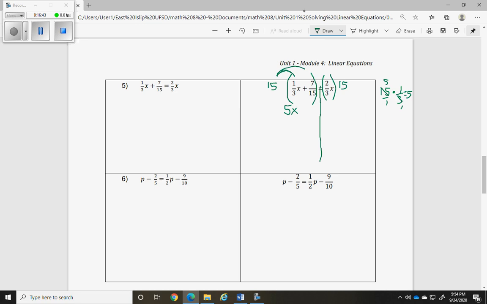And then 15 times 7/15. 15 times 7 over 15. I could put a 1 underneath this and simplify. Oh, that's just a 7. And then this 15 times that 2/3, I can simplify again, and I get 10.